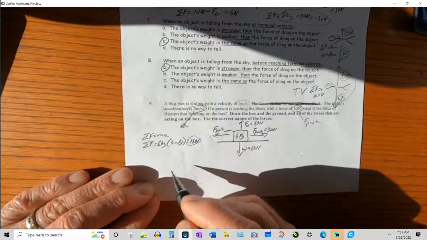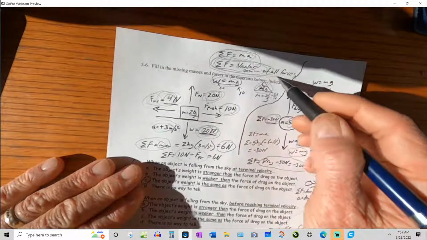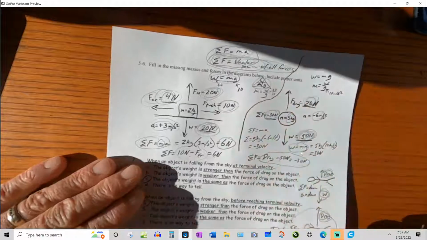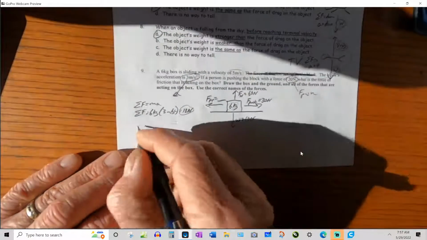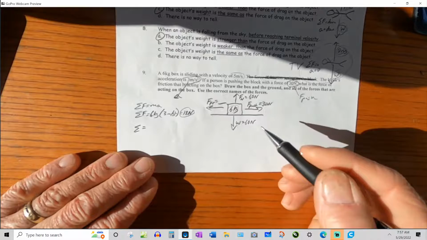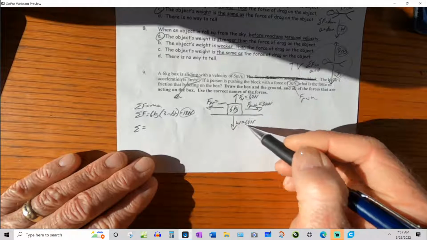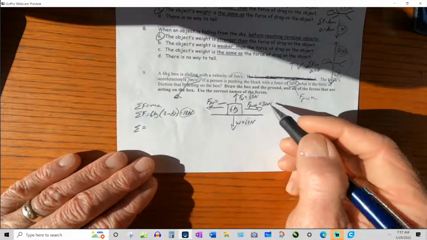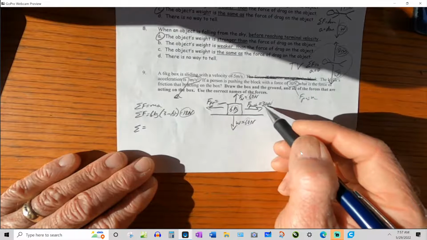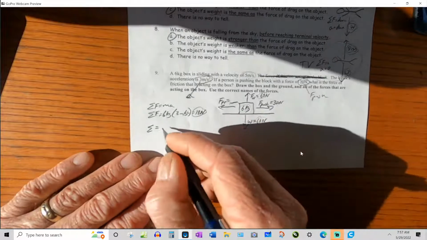So that's the net force. The other way to do net force is to add up all the forces. So I'm going to do that now. The net force equals this plus this plus this plus this. So this and this, they cancel, leaving them out. This is positive, this is negative. So I'm going to write this as 30 newtons minus friction.